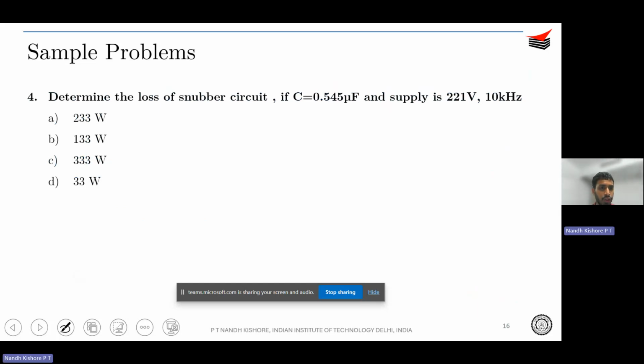So over here we have a numerical problem. Determine the loss of this circuit if C is equal to 0.545 microfarad and supply is 221 volt at 10 kilohertz frequency. From the given problem itself, you can understand that the energy dissipated in the capacitor is going to be half CV square. So what is the power?